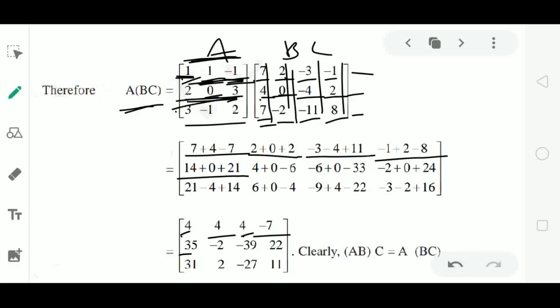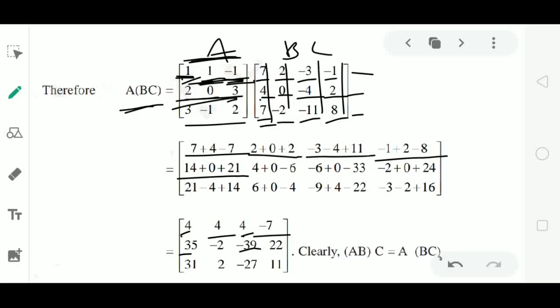Next, second row, third column, 2 into minus 3, 0 into minus 4, 3 into minus 11, which is minus 6 plus 0 minus 33, which is equal to minus 39.